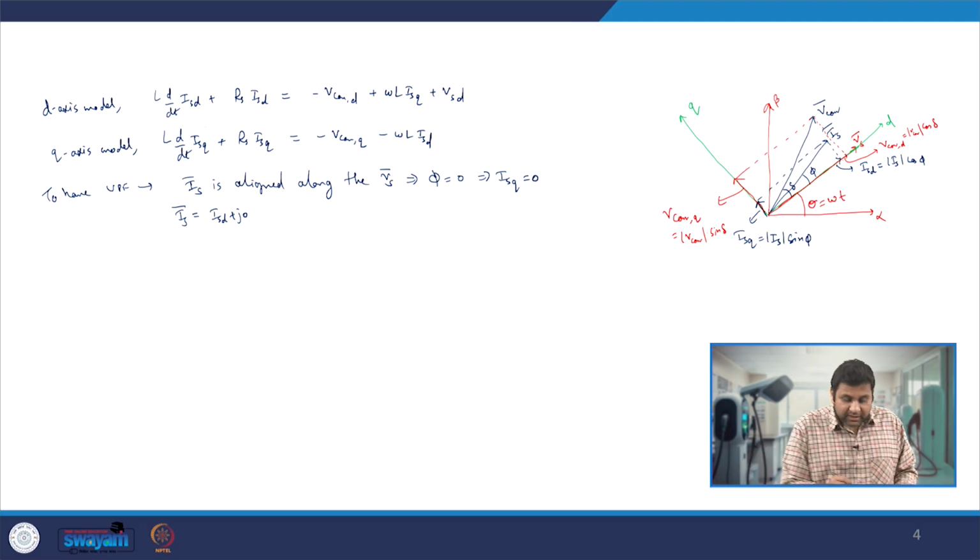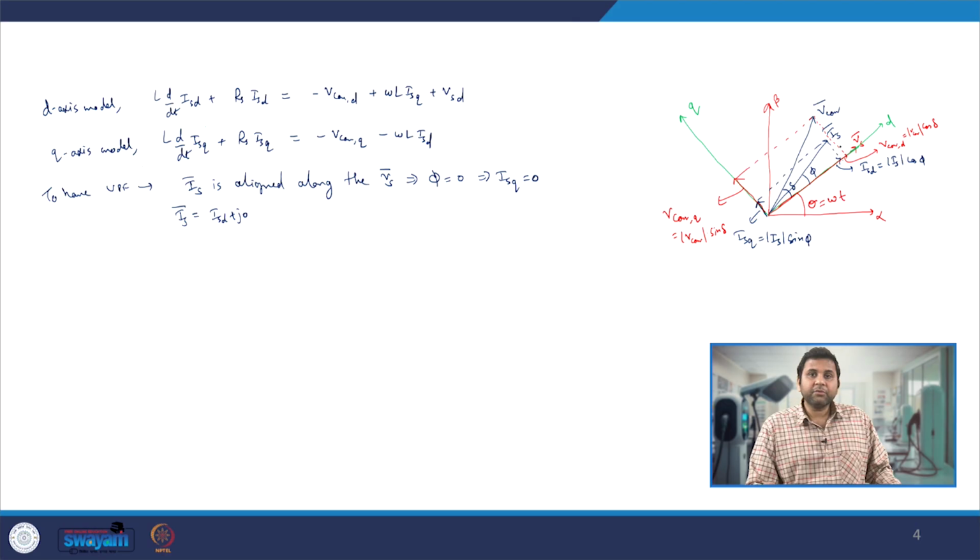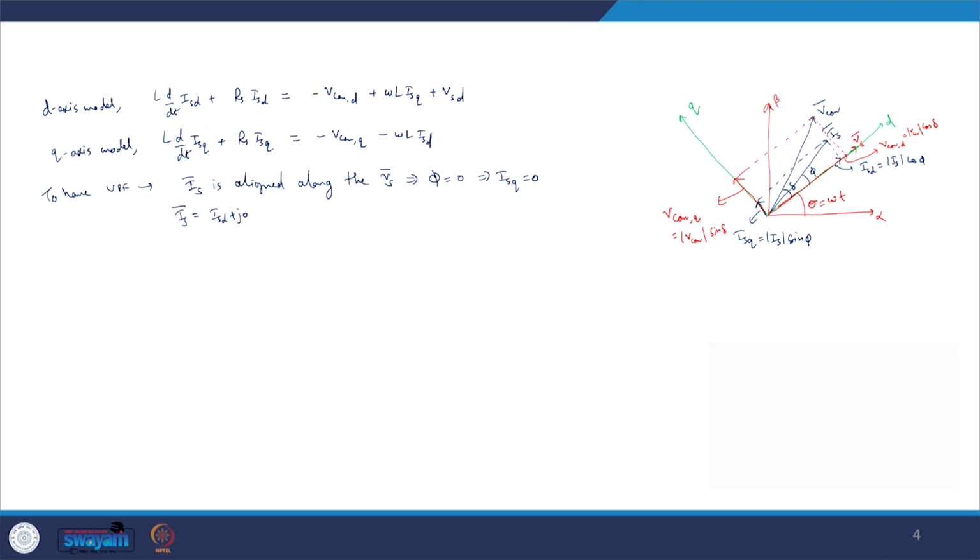And then we can just control our ISD component, and in that way we can ensure that the IS space vector is perfectly aligned along the VS space vector, and we can control the magnitude of this IS space vector by controlling the ISD value. Whenever we control the ISD component, we do not have any impact on the Q component, because we are making it equal to 0, and that is when I can ensure that we have independent control.